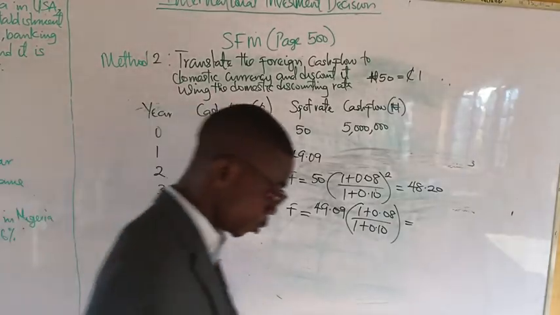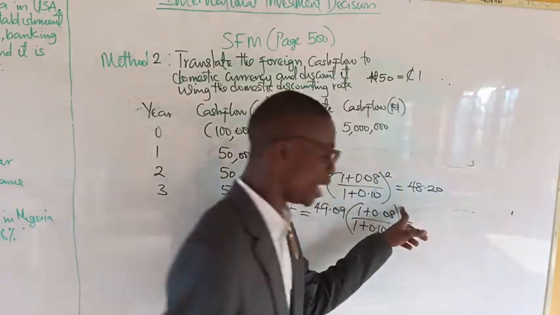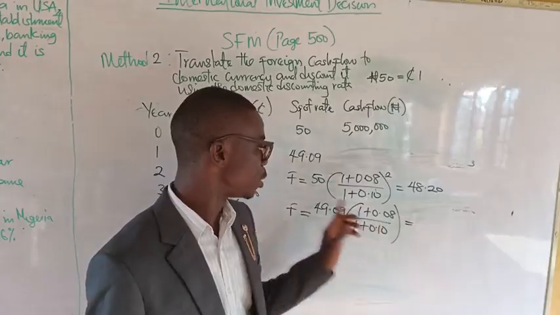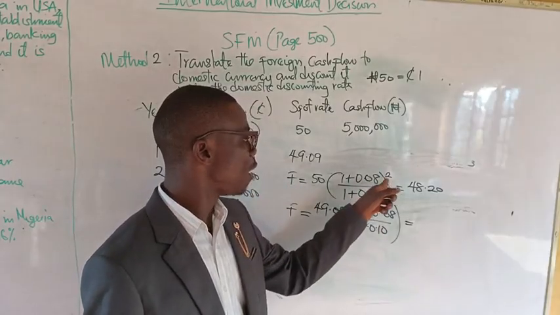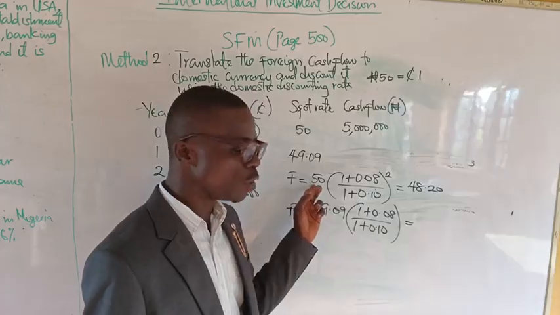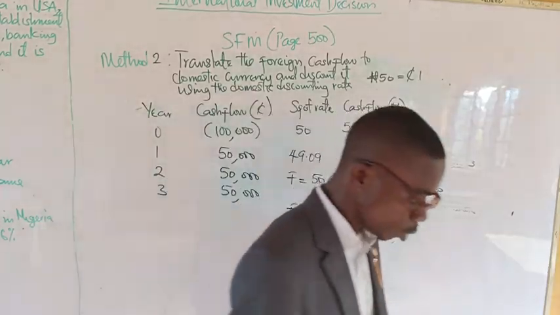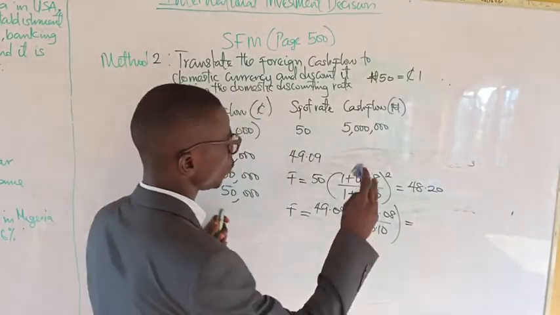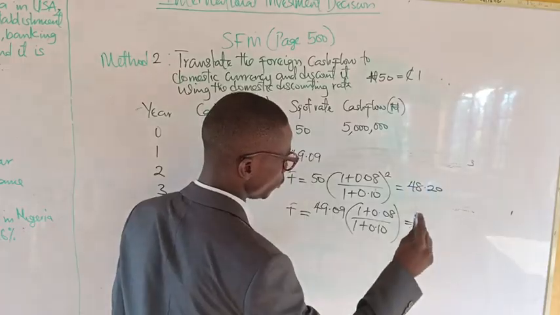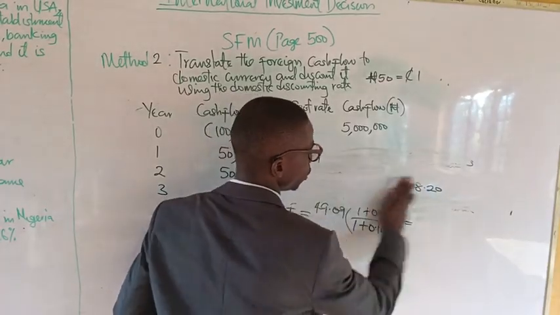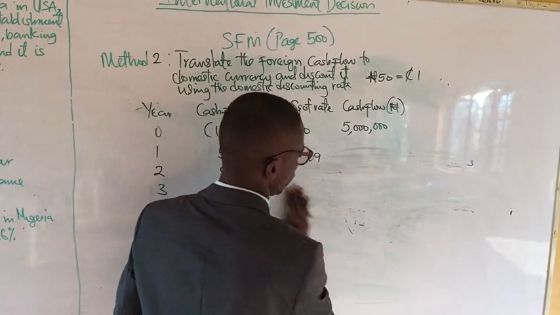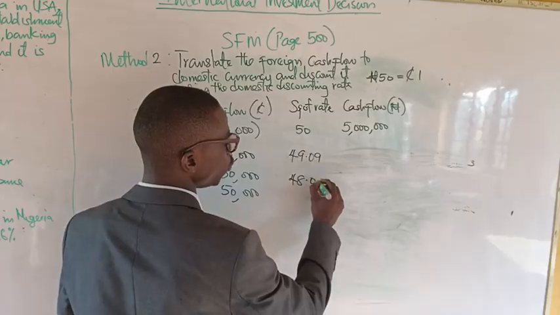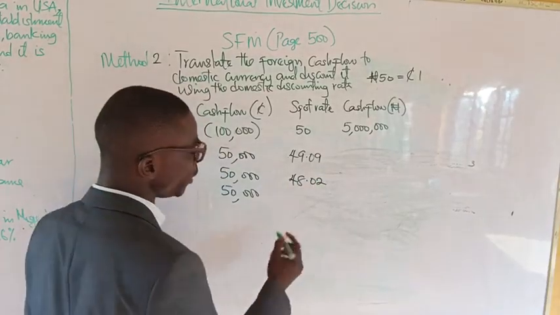Is it correct? You will not put n here. You will not put year 2 here. But if you are putting n there, that means this 50 must be constant throughout. So you can do it in those 2 ways. So 48.02. So for year 3.